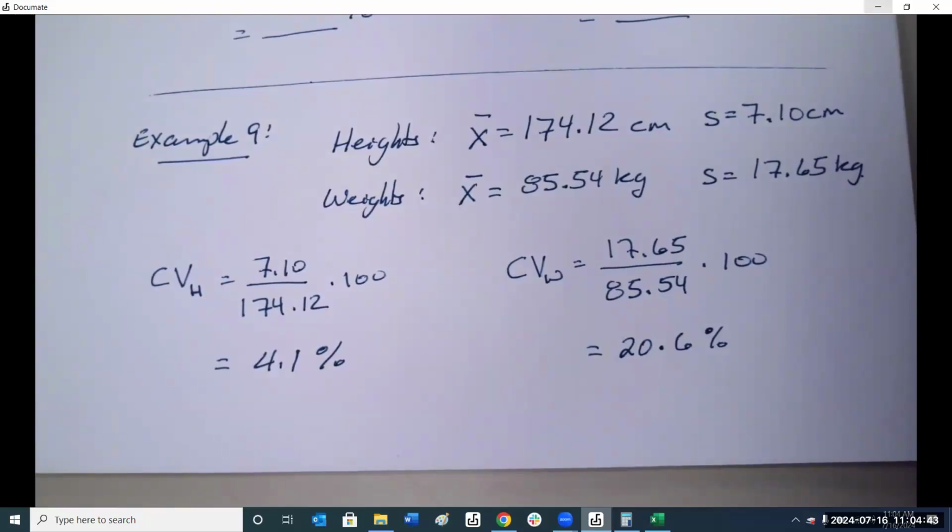So the coefficient of variation of the height is 4.1%, and the coefficient of variation of the weight is 20.6.